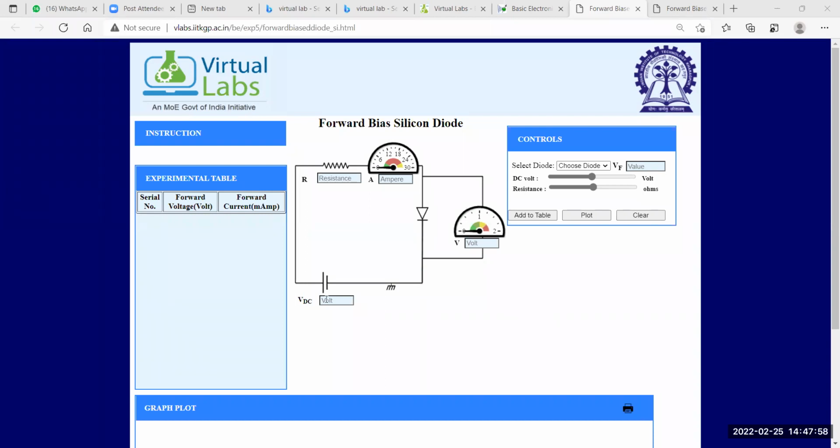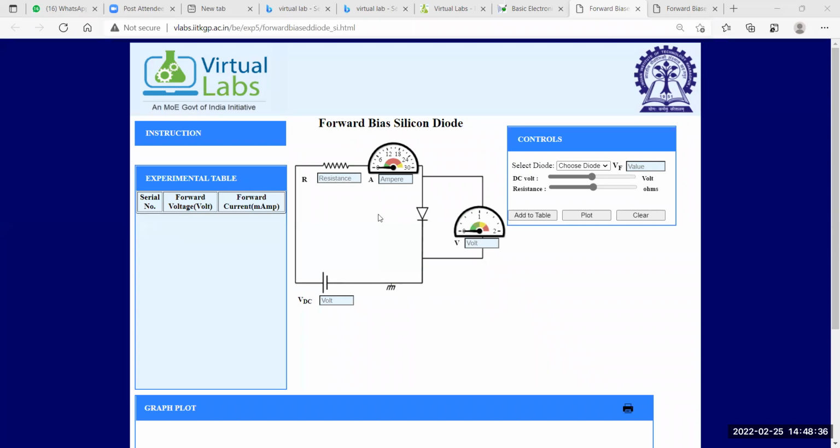This is positive and this is negative. The VDC positive part is connected with P, or A: P means positive and A is anode. The negative part is connected to the cathode, which means N. And in forward bias, the depletion region starts to reduce and current starts to flow.